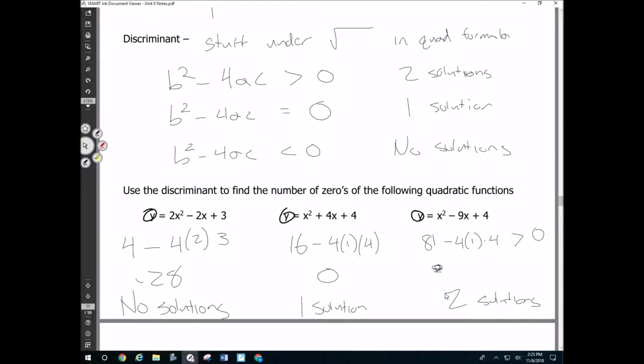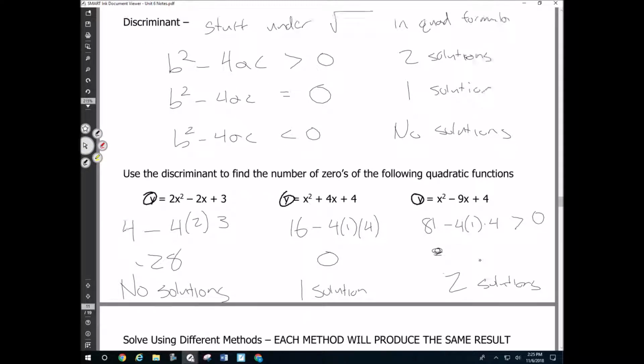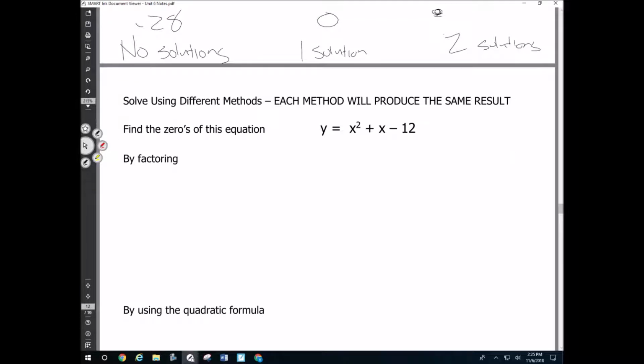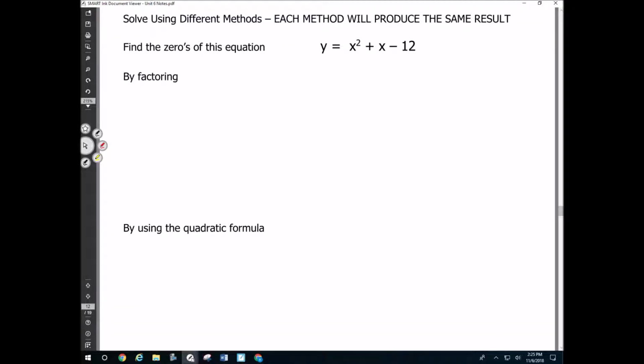Okay, now for the previous problems, I could have tried to factor, and whether or not I factored doesn't necessarily tell me that I'm going to get the same answer. What you guys need to know moving forward is that you have this in your arsenal. You do not have to use a certain method if you do not want to, unless you're asked to.